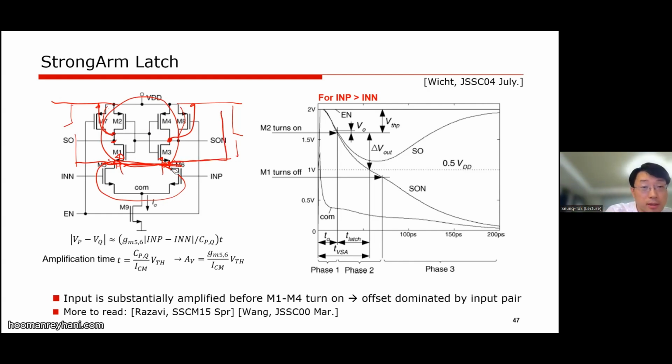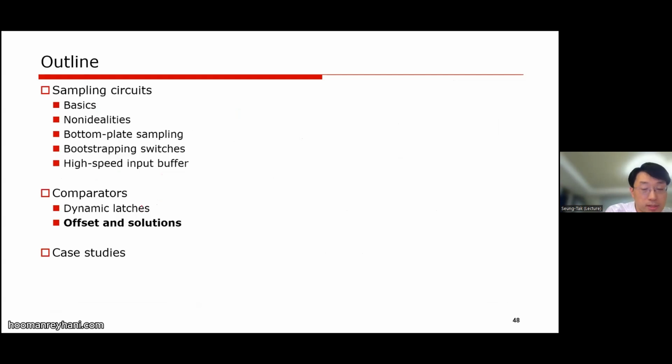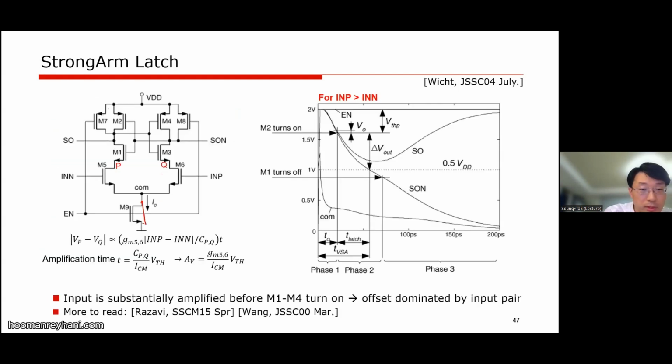And then when the latch is enabled, the PMOS switches will be turned off, and this tail current source will be turned on. So at the beginning, what needs to be done first is to discharge these capacitors, which are initially charged to VDD.